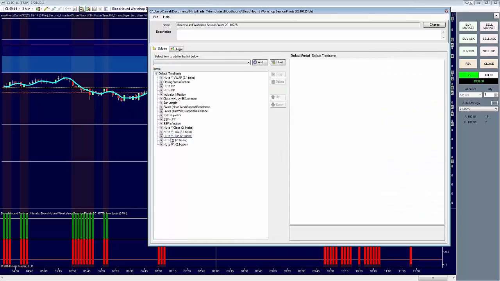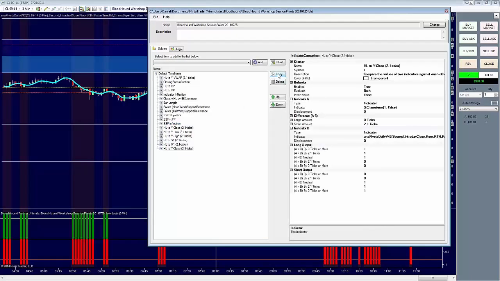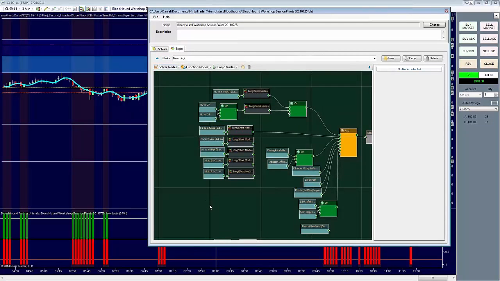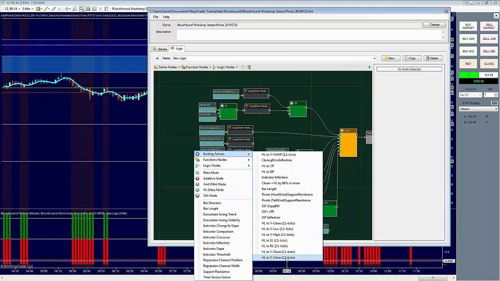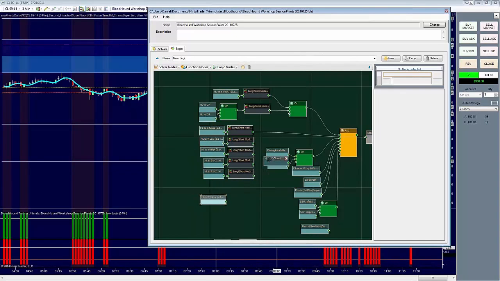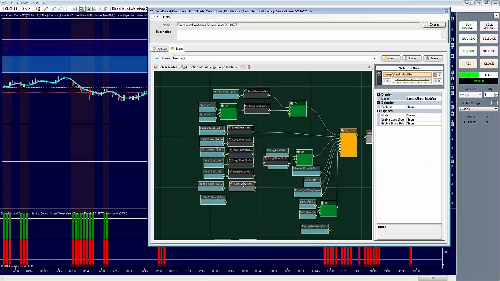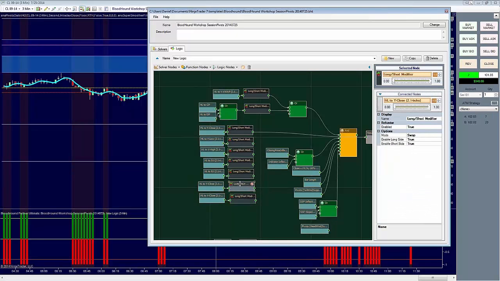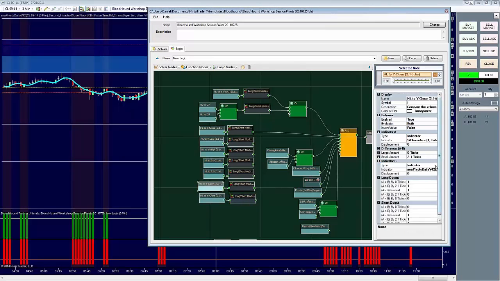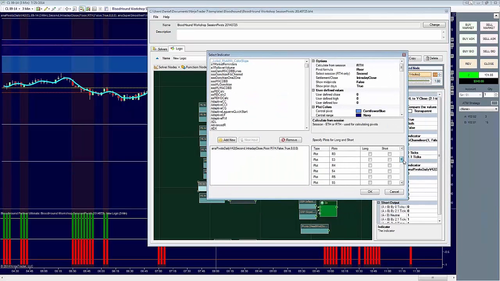Let's go ahead and build S2 and R2. There we go. So this will be S2.